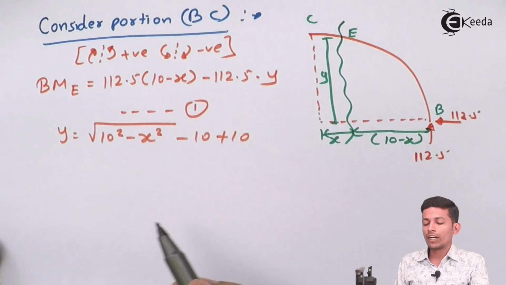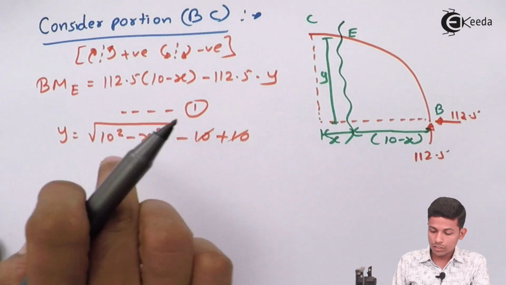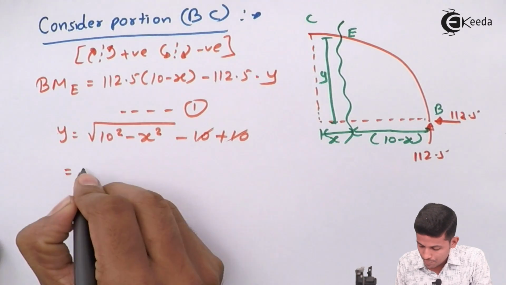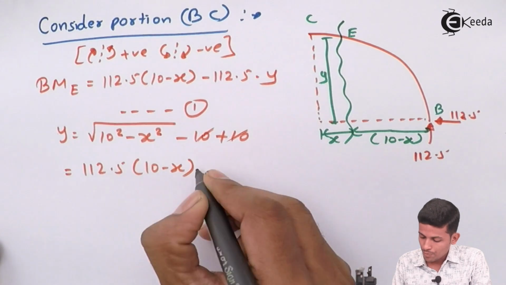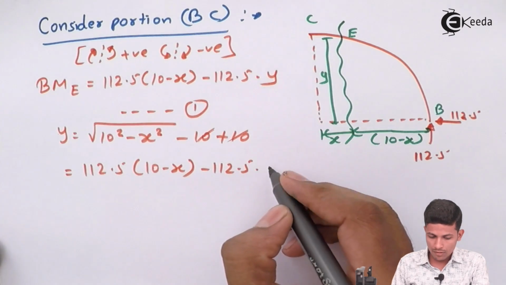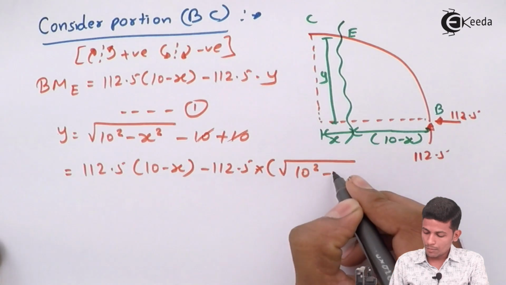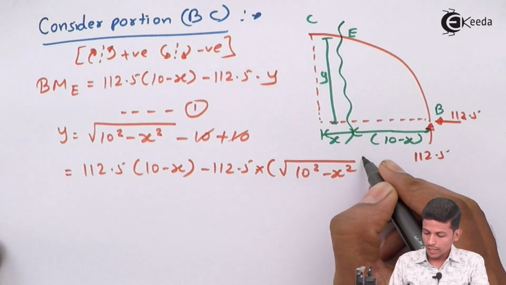As you calculated in the previous one, this 10 will get cancelled. Put this value of y over here. So you get 112.5 into 10 minus x minus 112.5 into under root 10 square minus x square.